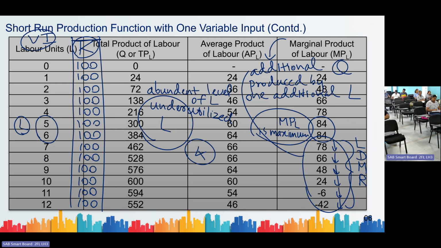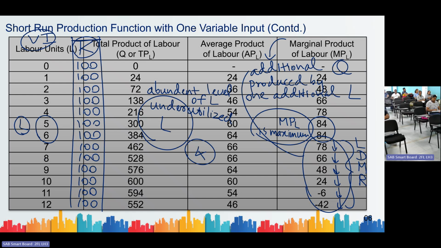So don't confuse these numbers as meaning that we have many capital items but only a very low level of labor. That is not the case. There is a level of capital after which labor is in excess.